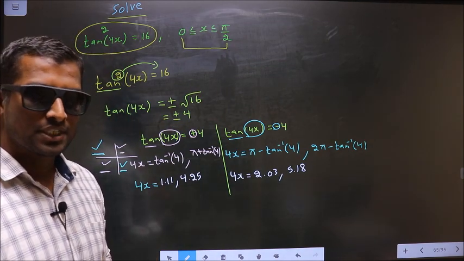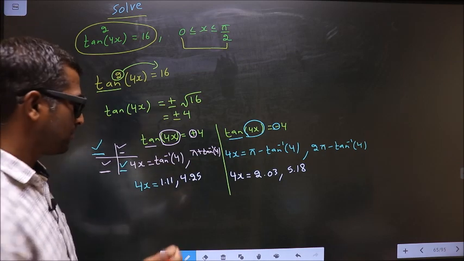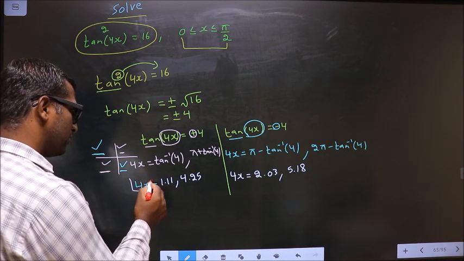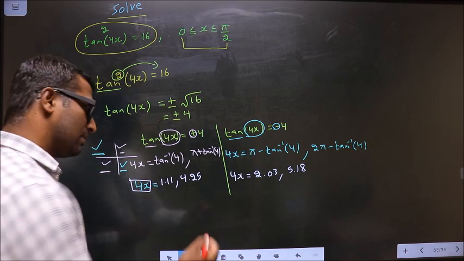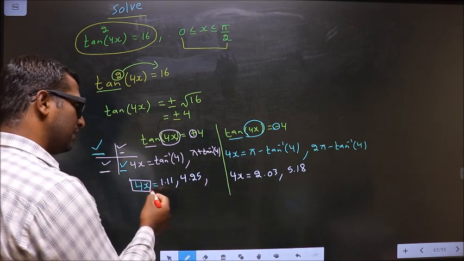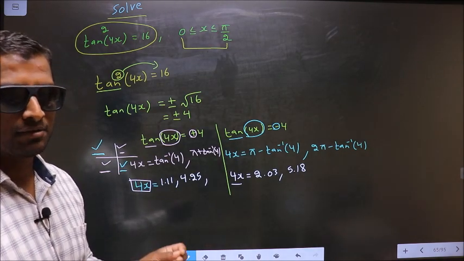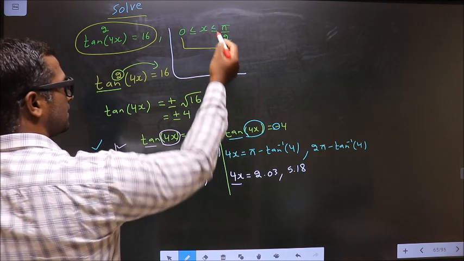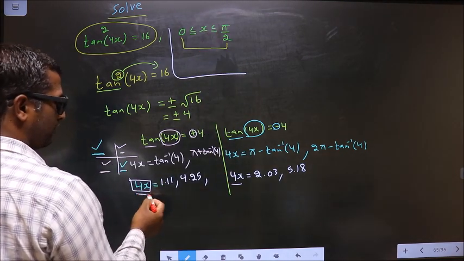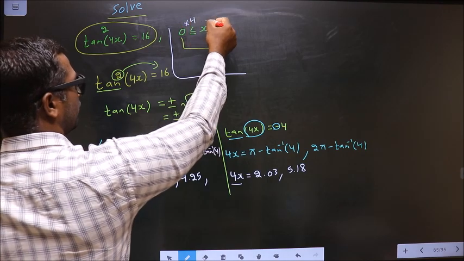Now the question arises, in what interval should the values for 4x lie? How many values shall I find for 4x? To answer that, we do this. Here x lies in this interval, so to get 4x, you multiply by 4.